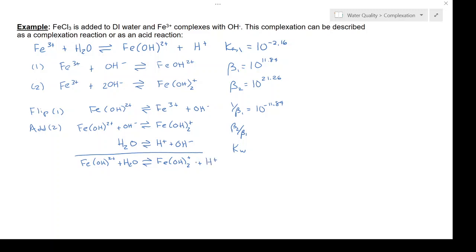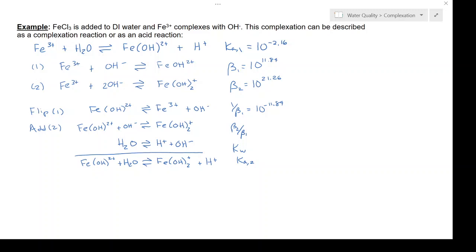As you can see, this is an acid reaction because of the release of the hydrogen ion. That's the whole point of an acid reaction. We're going to call this Ka2 because it's the second acid reaction.